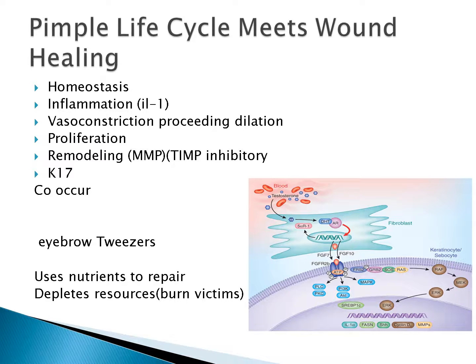And with this dilation phase, basically an opening up of the capillary, you're going to really start the healing process, meaning that you're going to get intensive proliferation of your skin cells, and then you're also going to get remodeling, meaning you could get a scar development or you could not get a scar development. This is kind of dependent upon things like MMP and its inhibitor, TIMP.